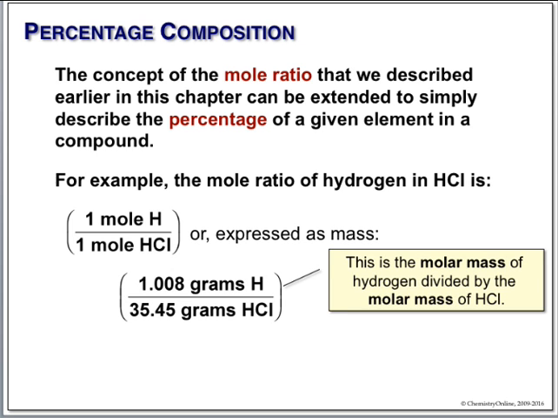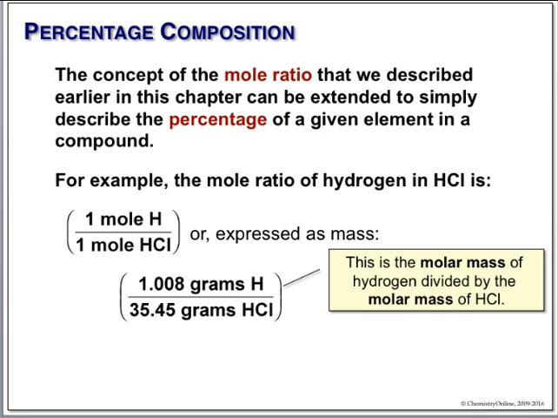And the molar mass of HCl, that's H plus chlorine, is going to be 35.5. So if I simply write this as a mass ratio, this is exactly the same as saying 1 mole and 1 mole. It's a simple mass ratio.